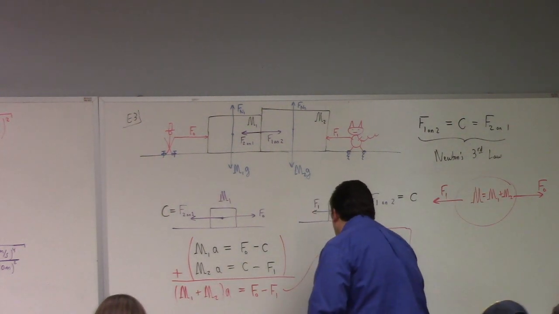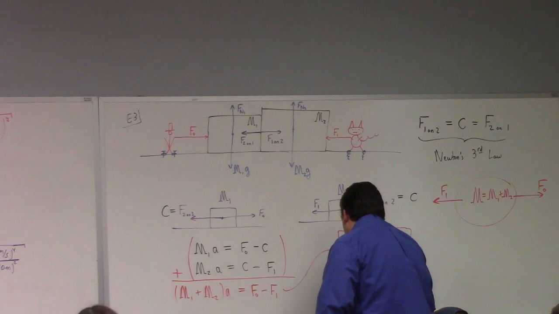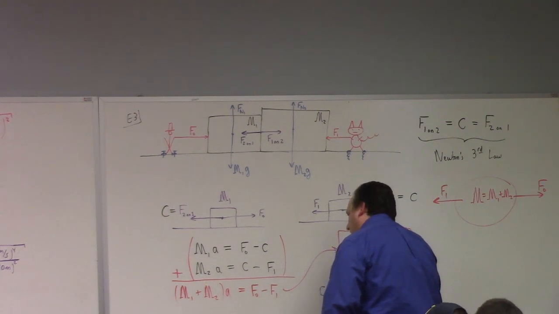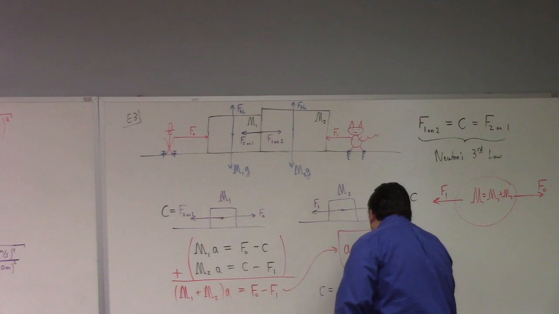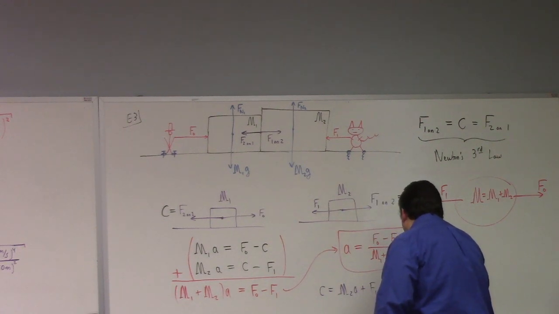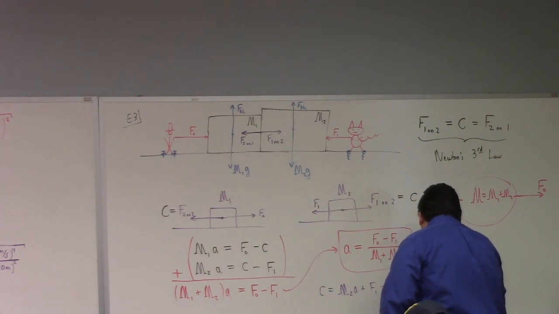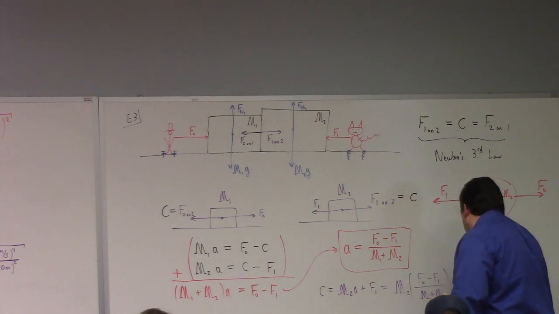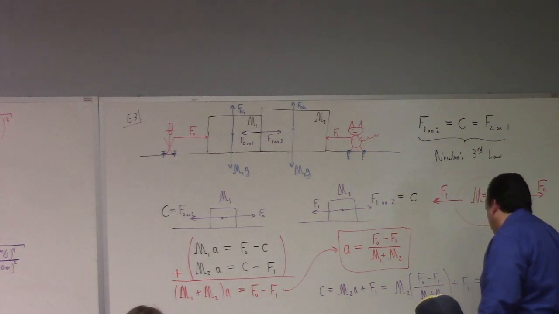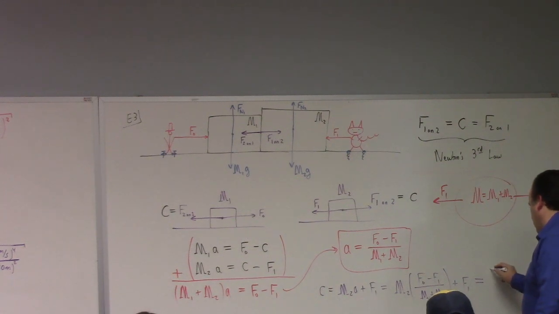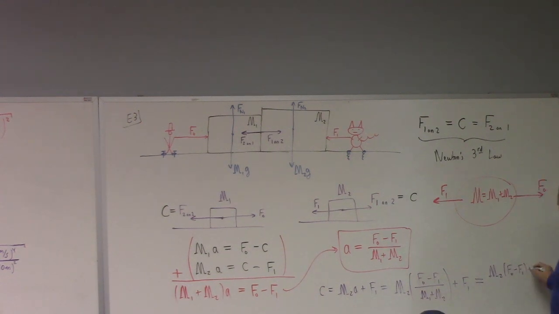We'll solve the second one for C. That gives me C is equal to M2 A plus F1, which is M2 times (F0 minus F1) divided by M1 plus M2, plus F1, also known as M2 times (F0 minus F1) plus F1 times (M1 plus M2).